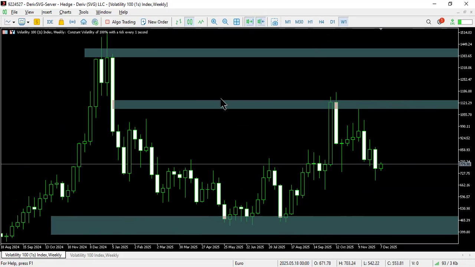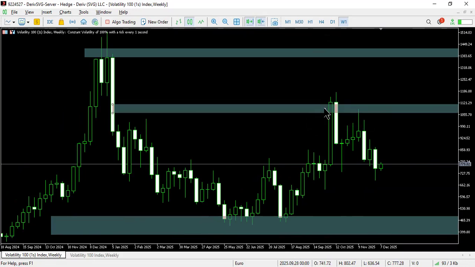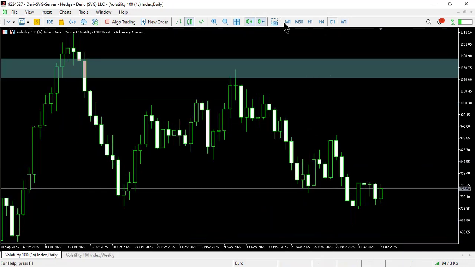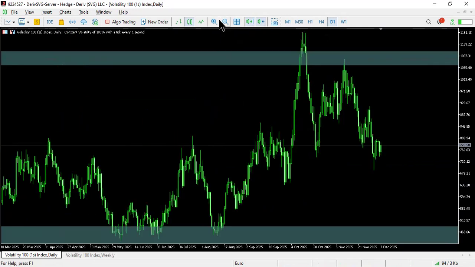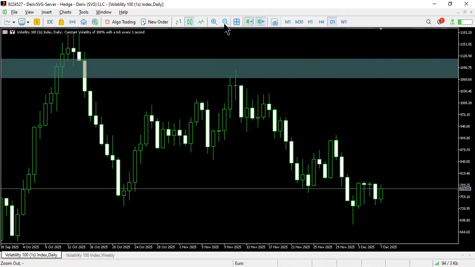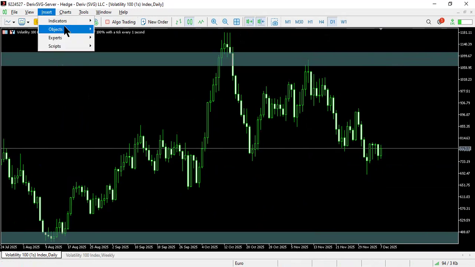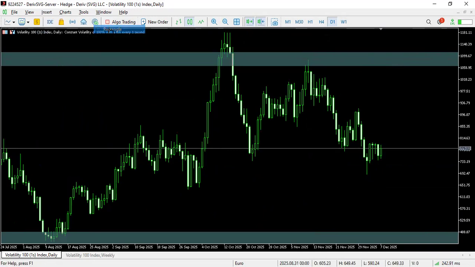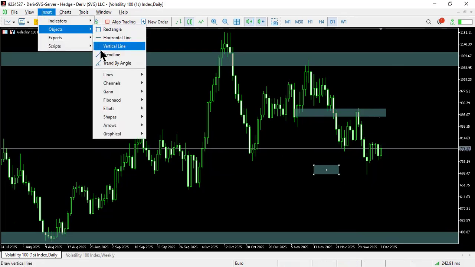And then if we go to the daily time frame, from the daily time frame, this is what we have. Price has been breaking structures to the downside. And then right here, we have a break of structure.